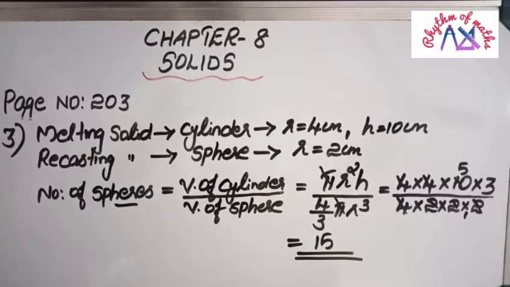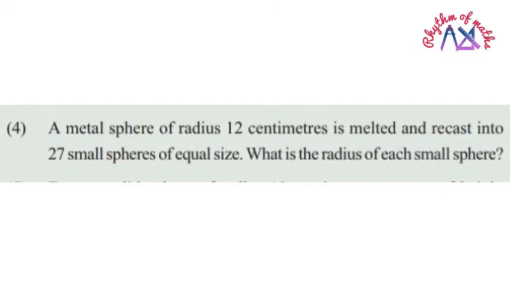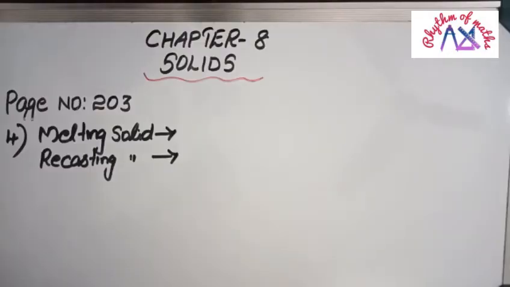Very important question. Next question number 4. A metal sphere of radius 12 cm is melted and recast into 27 small spheres of equal size. What is the radius of each small sphere? This question is also the same as question number 3. Okay, melting and recasting one. But here the melting solid and recasting solid are both the same shape.